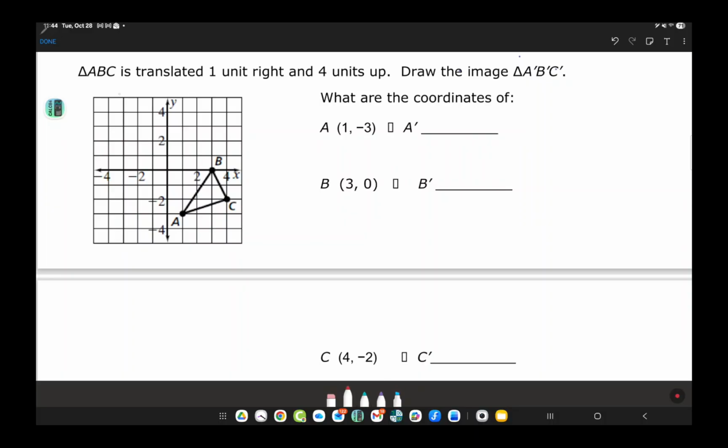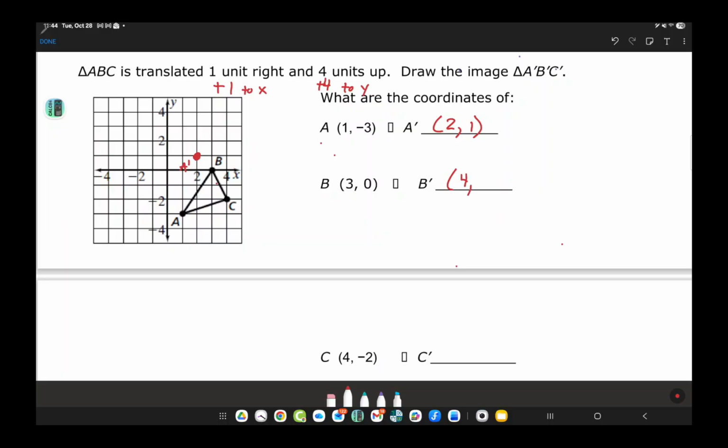Now, we are going to translate this 1 unit to the right and 4 units up. That means I'm going to add 1 to X and add 4 to Y. So if I add 1 to X here, my A prime is going to be at 2. If I add 4 to -3, I'm going to get 1. So 2, 1 will be A prime. If I add 1 to 3, I get 4.